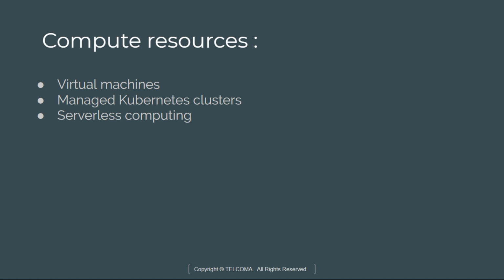Compute resources come in a variety of forms in public clouds, like virtual machines, managed Kubernetes clusters and serverless computing. Virtual machines are a basic unit of computing resources and a good starting point for experimenting with the cloud.